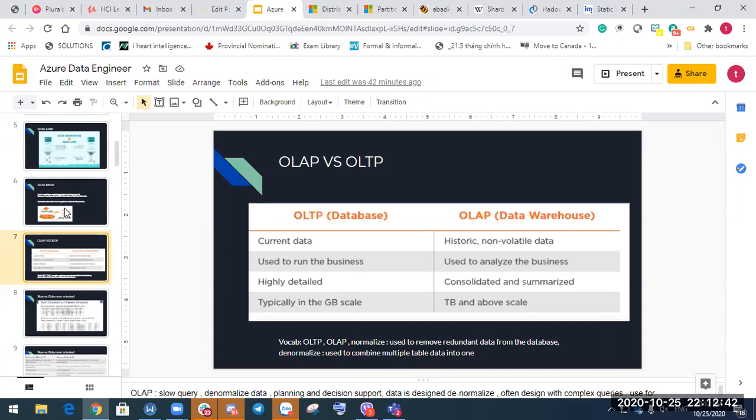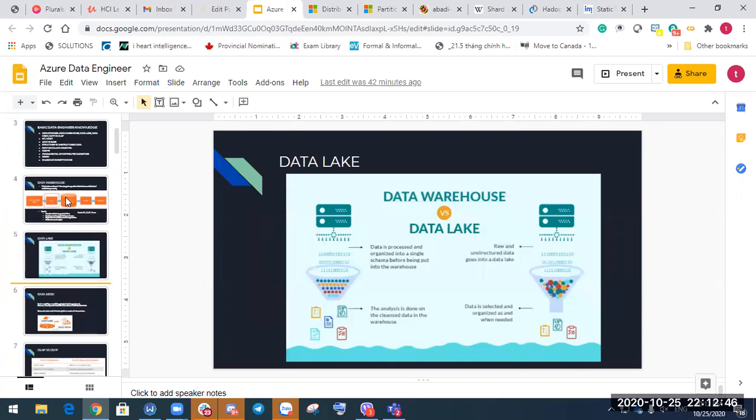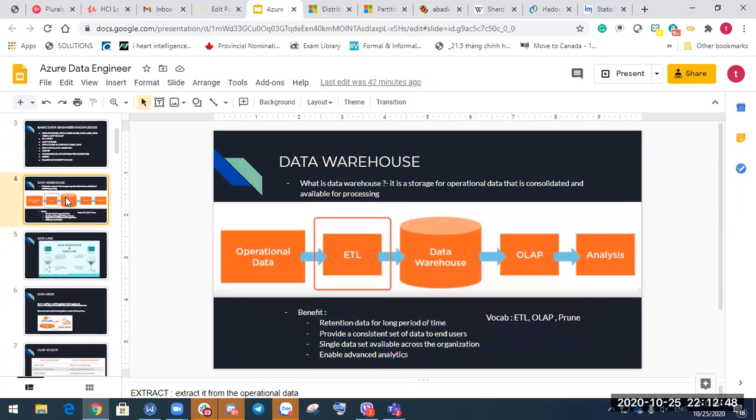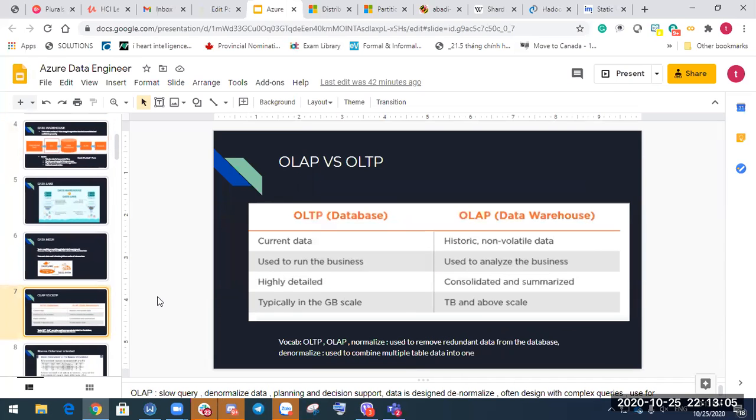It's more important than understanding the difference between data lake and data warehouse, because in normal daily life, you really don't care about that difference. That is there for what it is supposed to be used for. But OLTP and OLAP, if you don't understand them, it will actually affect your work life in the organization. So really remember it by heart.